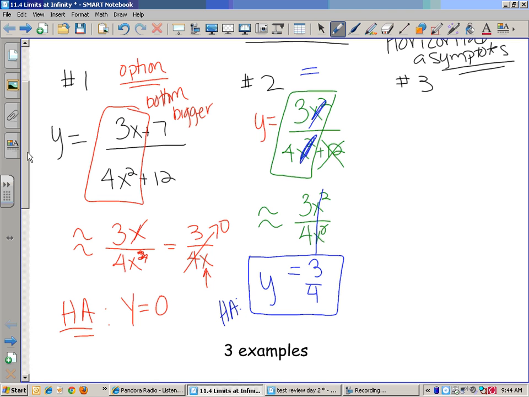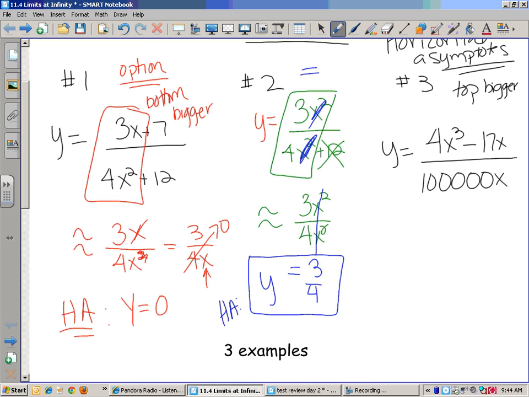Option 3 was where the top is bigger. And so, for example, we might have had 4x cubed minus 17x all over 100,000x. Because the number doesn't matter. This is important. The number doesn't matter.